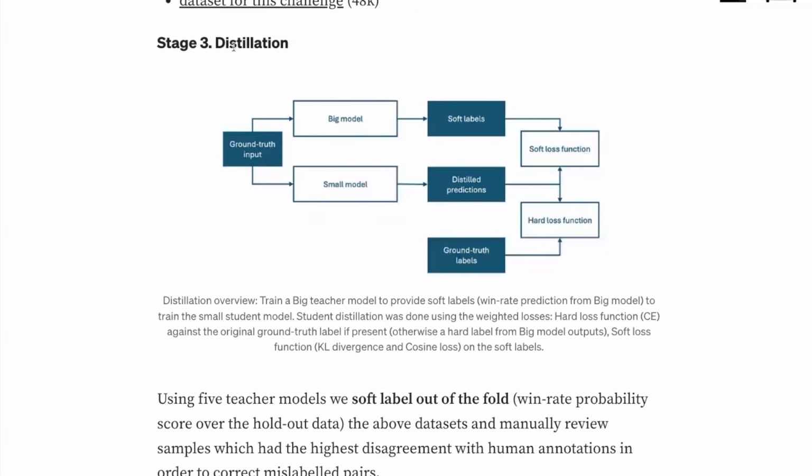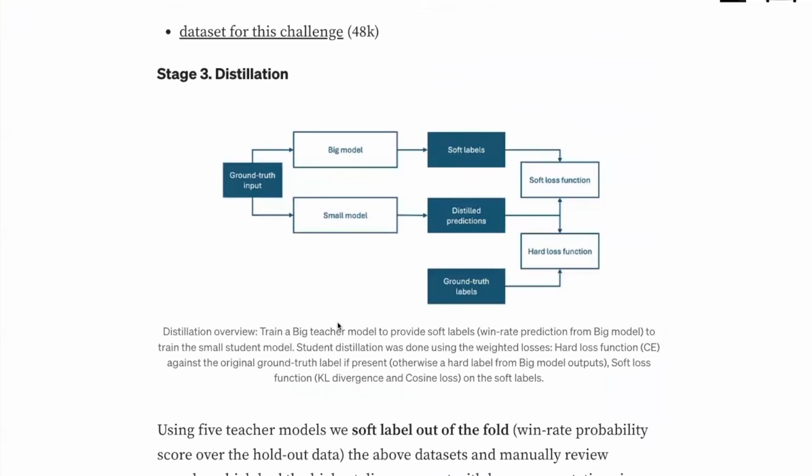And then let's move to stage 3, which is the distillation. I also want to touch a little on what distillation means. You have your ground truth and your inputs, say the concatenated two responses from the LLM, and we're trying to distinguish which wins. You pass it into the big model, and you get soft labels.